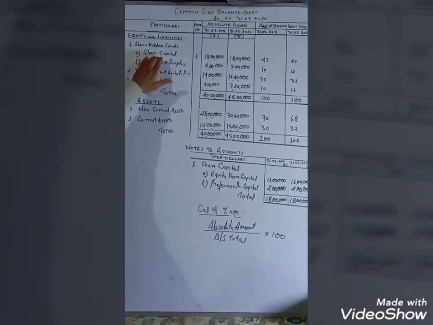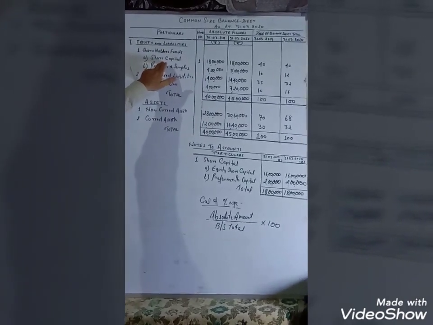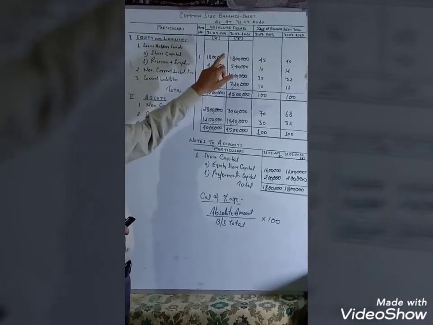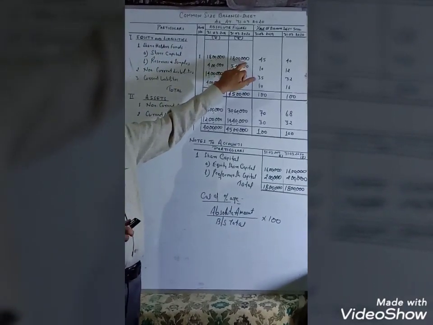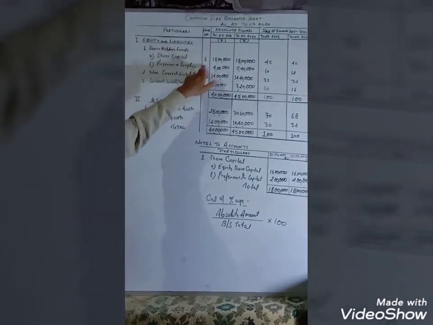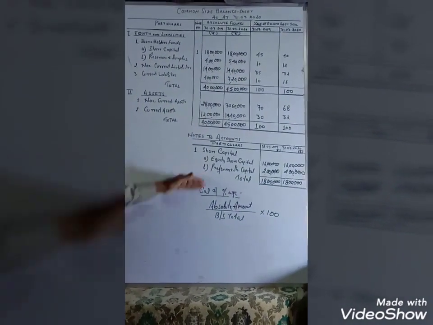In the first major head, shareholders funds, the subhead is share capital. Here the figures are 18 lakh for the year 2019 and 18 lakh for the year 2020, under note number 1. To arrive at this figure, we have to go through notes to accounts.